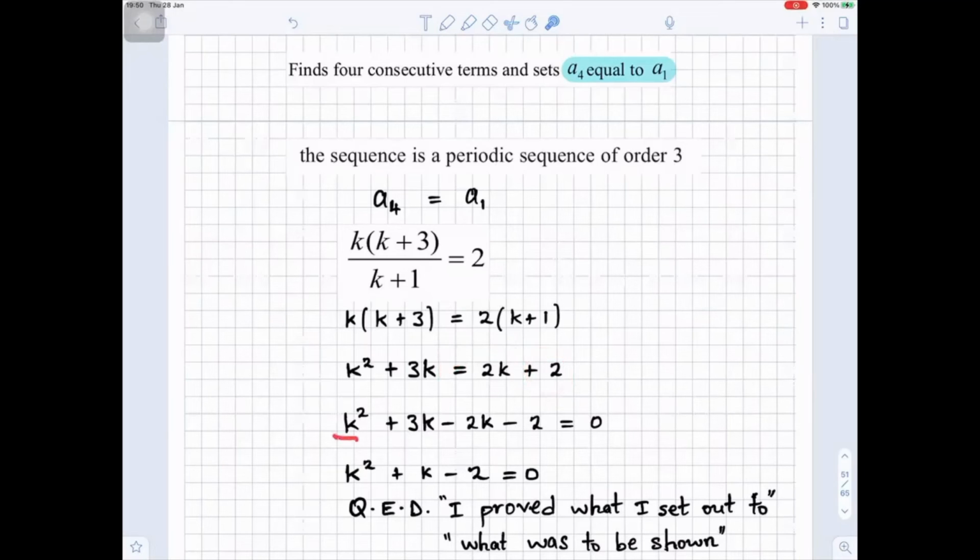So you get k squared plus 3k minus 2k minus 2 equal to 0. 3k minus 2k would give you k. So you've got k squared plus k minus 2 equals 0. So QED, I proved what I set out to. What was to be shown. That's what QED means.